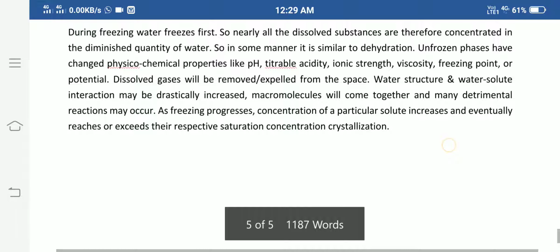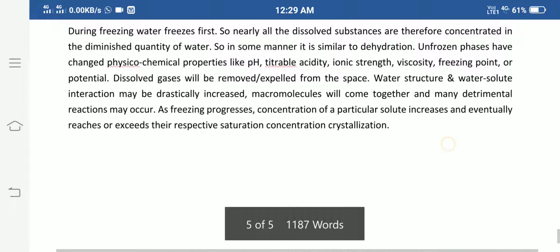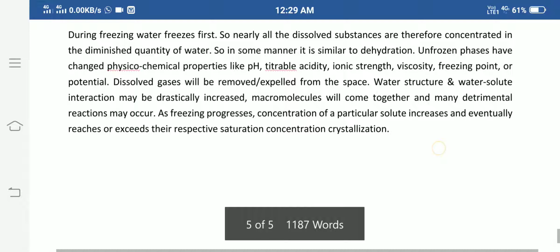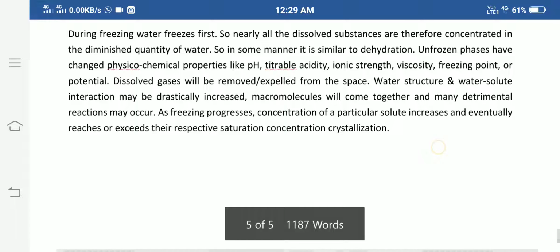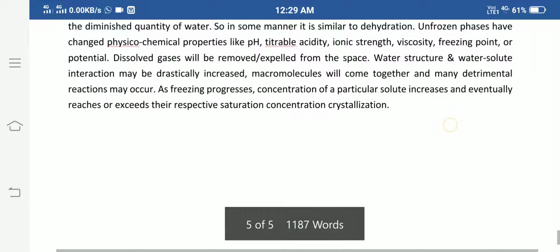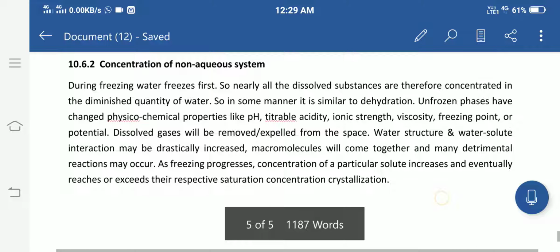So basically, as freezing progresses, the concentration of a particular solute increases and eventually reaches or exceeds its saturation concentration, leading to crystallization.